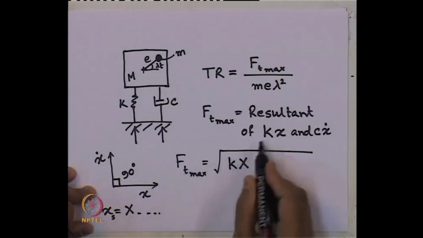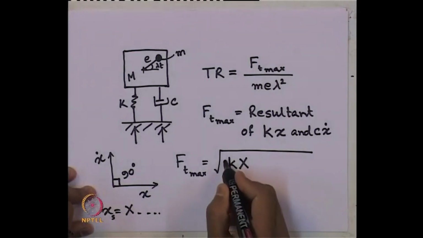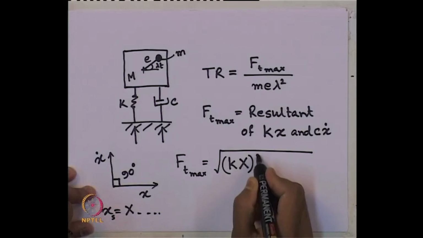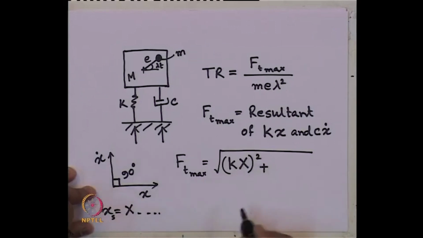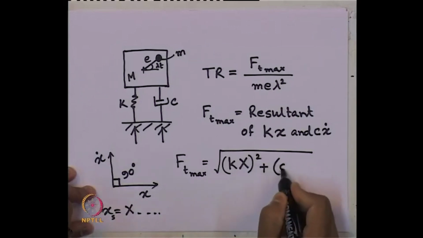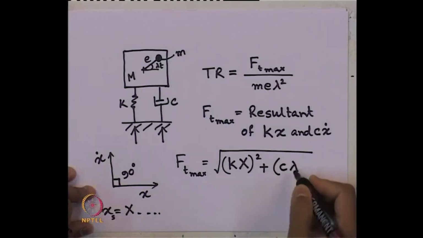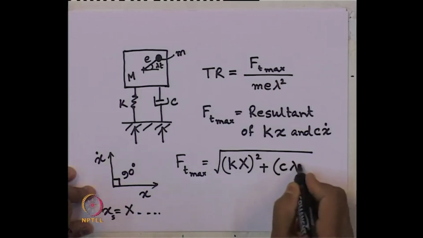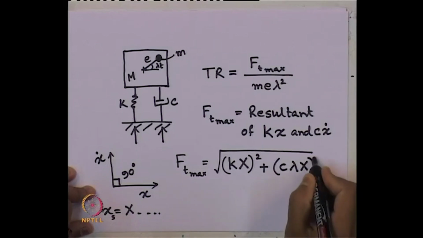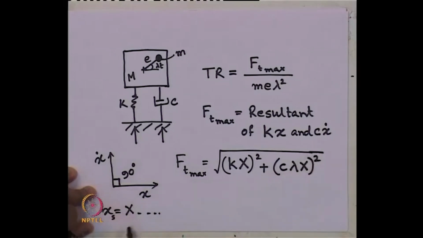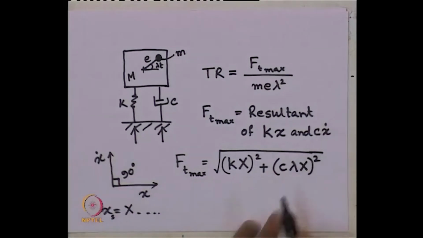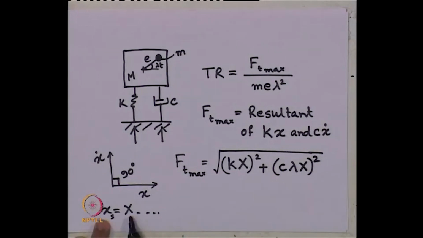So, it will be the resultant of these two. So, k x whole square plus c lambda x whole square. Because if we differentiate this expression of the steady state displacement, what do we get?